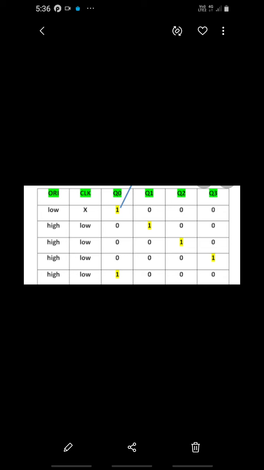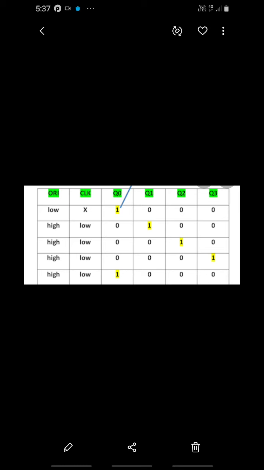The stored 1 bit follows a circular path moving right through the flip-flops until the final flip-flop sends it back to the first flip-flop.